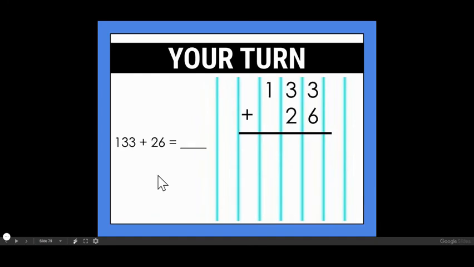All right, let's try one more. I actually think I have 2 more for you to do. I have 133 plus 26. Line up those 2 numbers, line up the ones, the tens, and the hundreds.